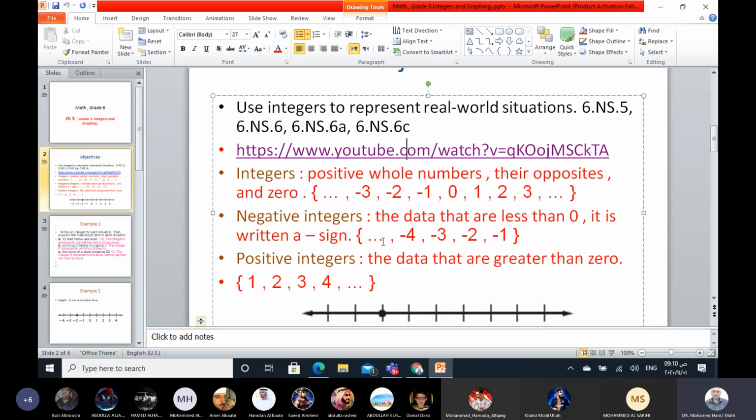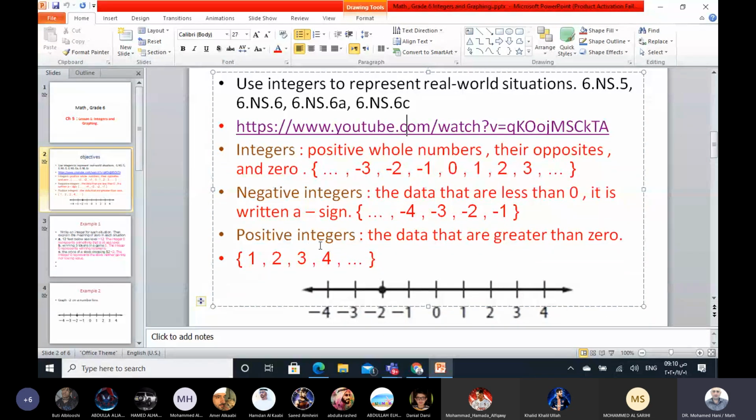The name of this set will be negative integers. What's the meaning of positive integers? The data that are greater than 0. For example, you have 1, 2, 3, 4, etc., to infinity. The name of this set will be positive integers.